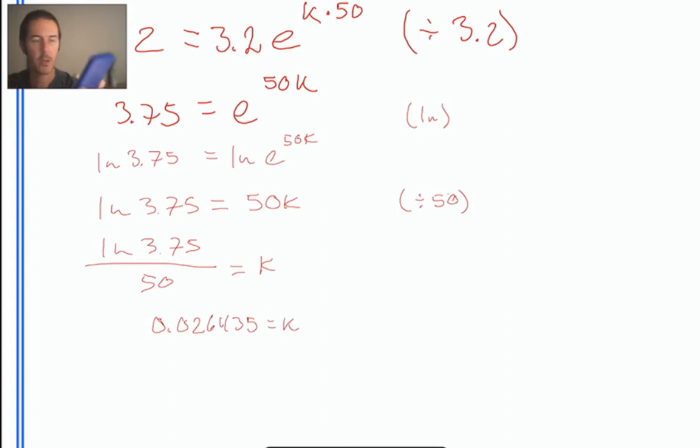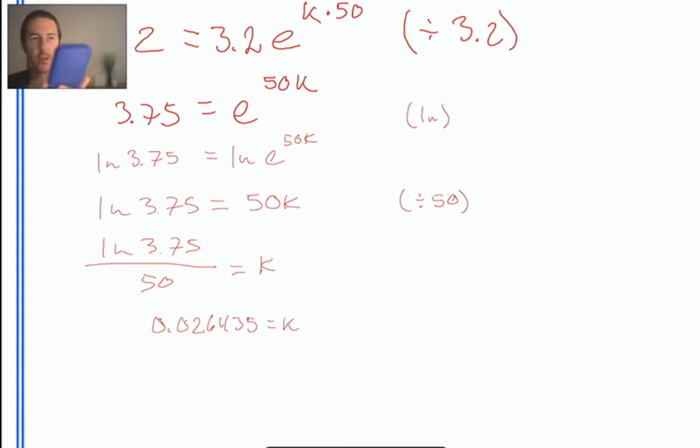Now the nice part about the TI-84 is that I can store this value, and I'm going to hit this button down here in the bottom left-hand corner, STO with an arrow next to it, and then I'm going to hit the variable x, which is the normal x that I would use in y equals mode.